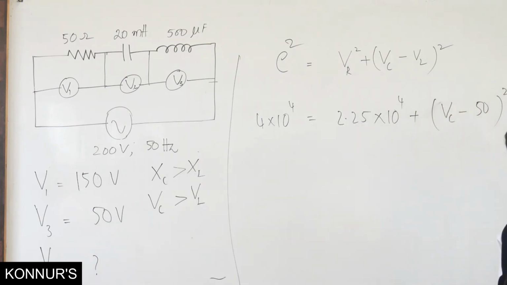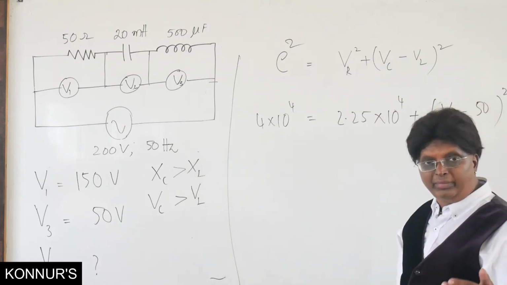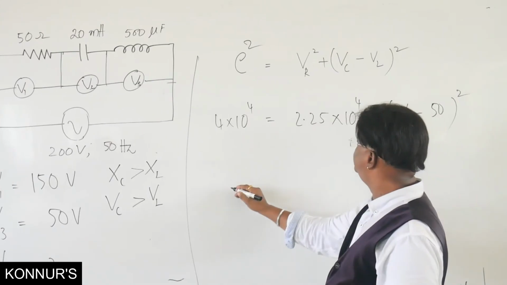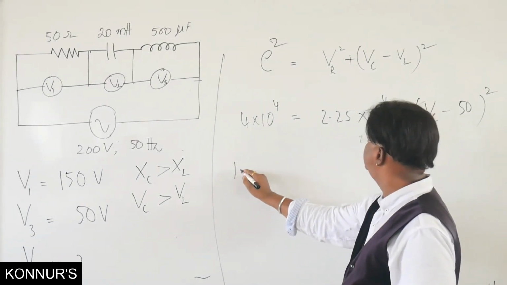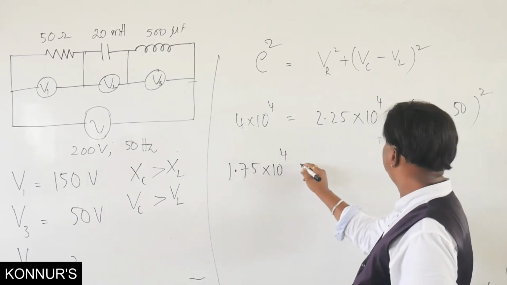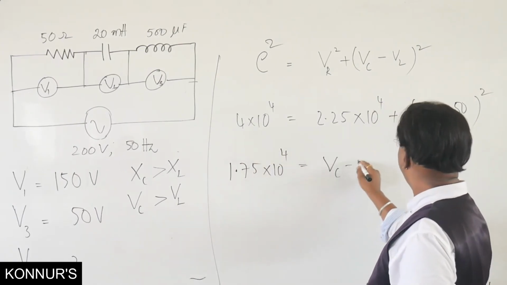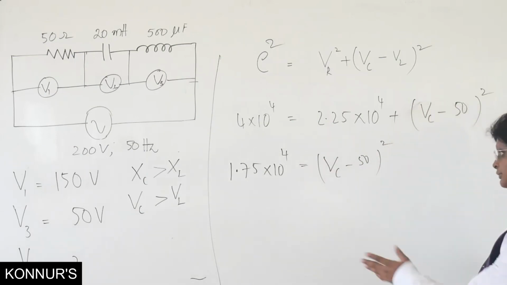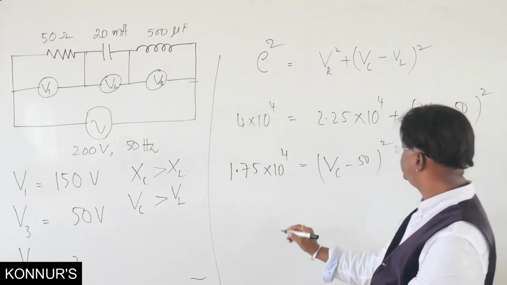Of course, one more line I will do. After that, I told you, make use of your ABCD options. 4 minus 2.25, yes, it will be 1.75 times 10 raised to 4 is equal to VC minus 50 whole squared. Supposing taking roots on both sides, what do you get?